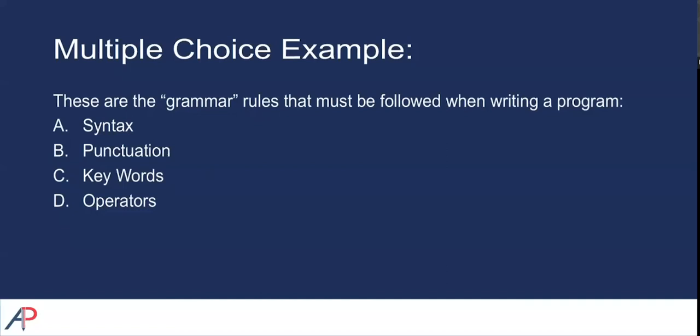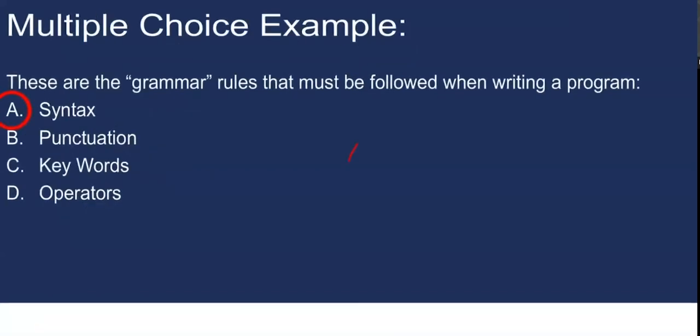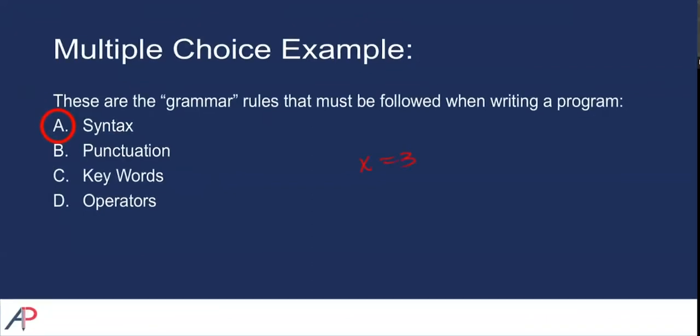Okay, I'm going to give you 5 more seconds. So yes, the answer is A. These are the grammar rules. Remember I said x is equal to 3 versus 3 is equal to x. It's not really grammar, that's the reason why we have the quotation marks.